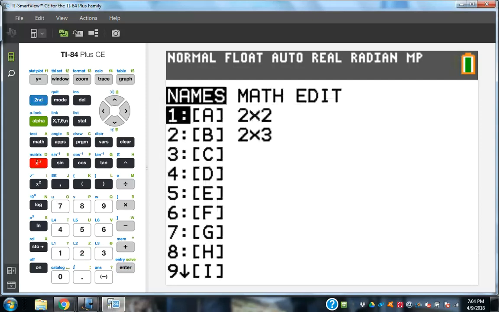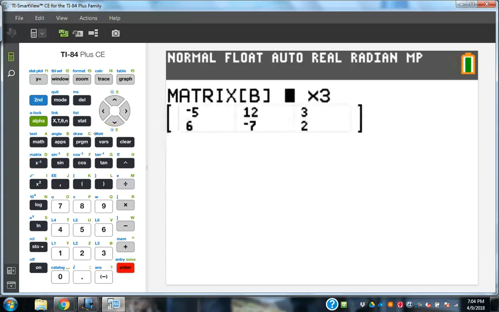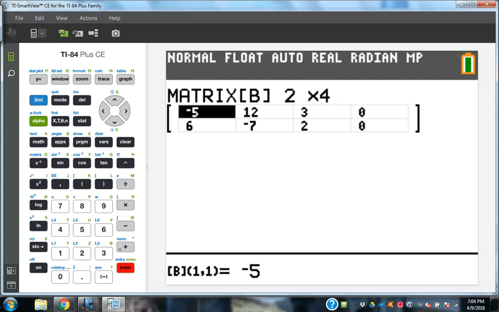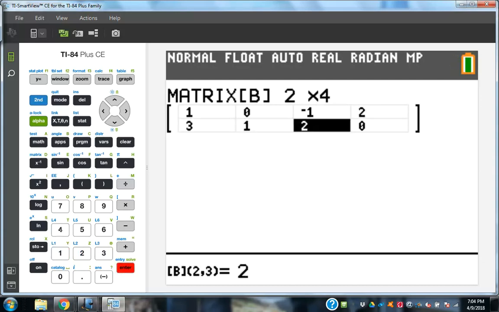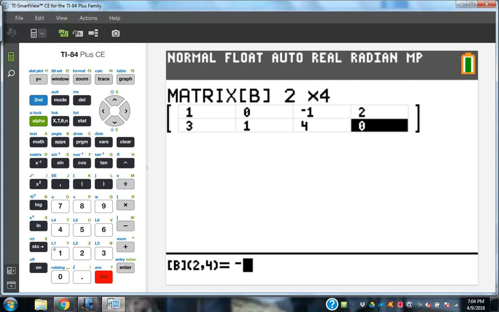Then edit matrix B. It is a 2 by 4: 1, 0, -1, 2, 3, 1, 4, -1.